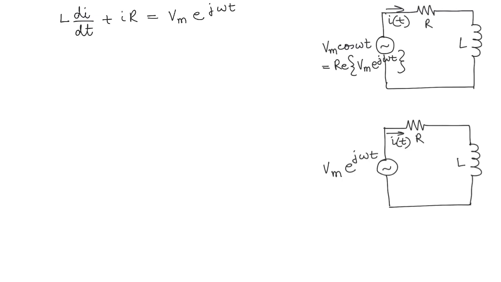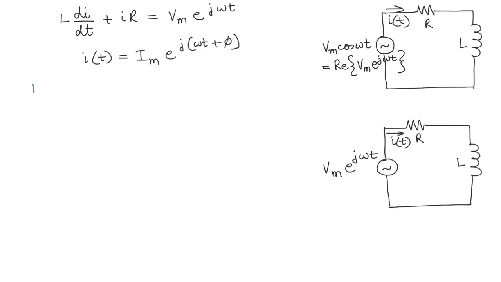And the solution to this differential equation is simply going to be I of t, of a different amplitude, and it will have a different phase but the same frequency, right? Some signal like this. So let's substitute this solution into this differential equation and see where we get.